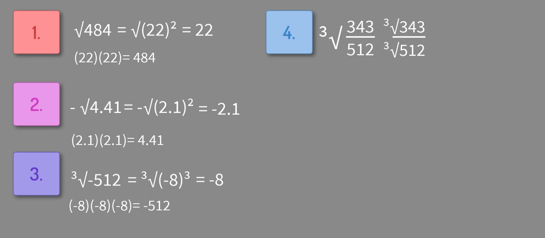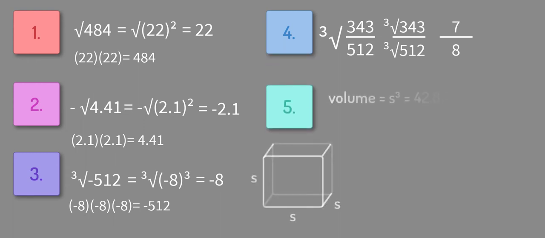So for 343, you might even remember this from one of the examples, we know that the cube root of 343 is 7, because 7 times 7 times 7 is 343. And from the last problem, we know that the cube root of 512 is 8. So the cube root of 343 over 512 is 7/8.